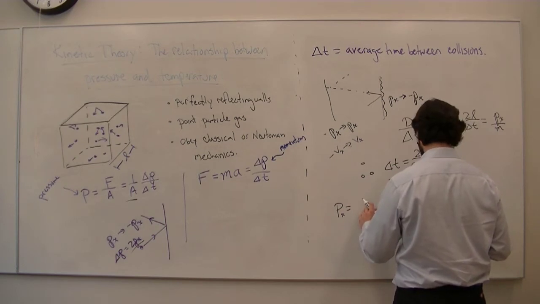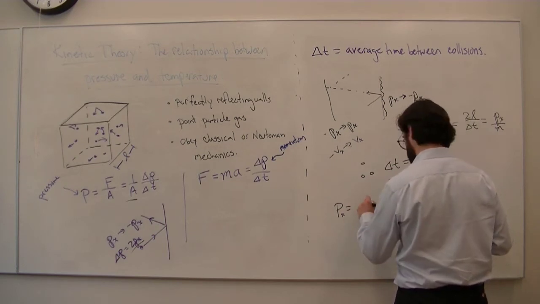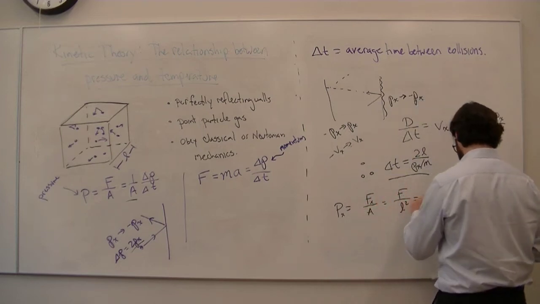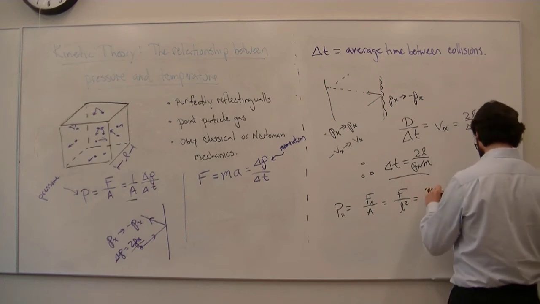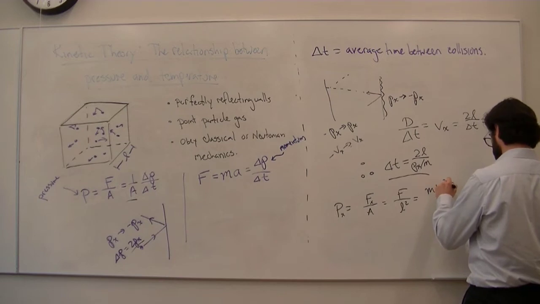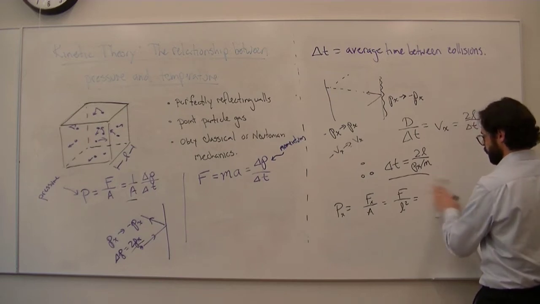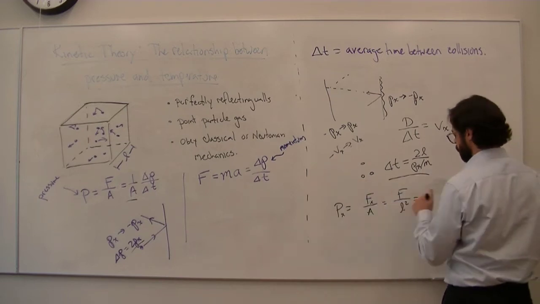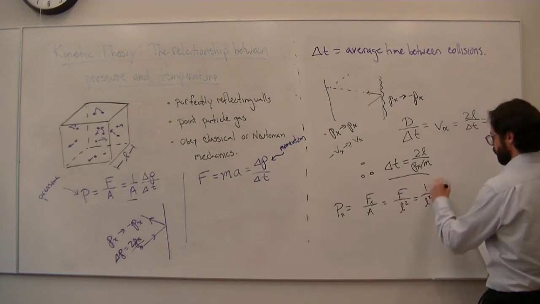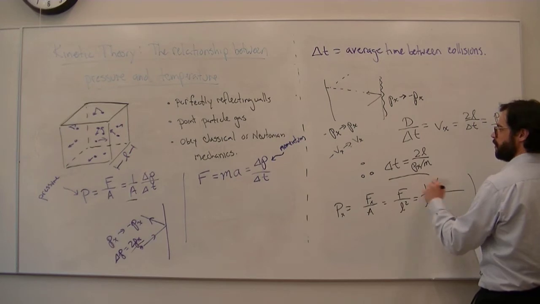So what I have is force on the x wall divided by the area, so that's force divided by L squared. Well, let's do it in two stages. So we found F, that's delta P over delta T.